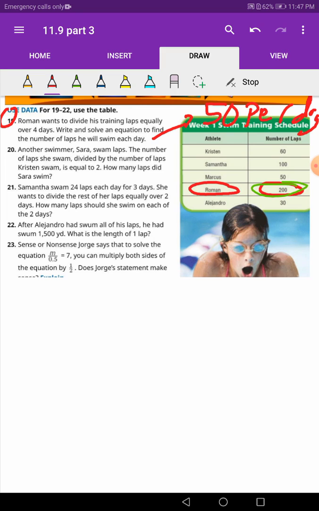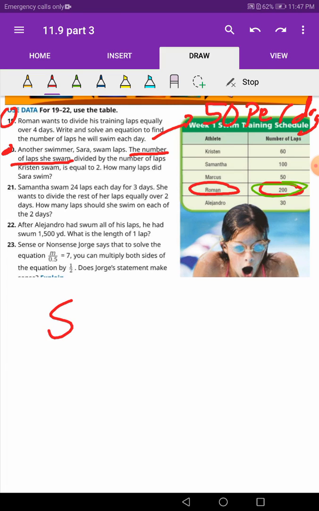Question number 20. Another swimmer, Sarah, swam laps. Take a look, we don't have Sarah's number over here. The number of laps she swam, do I know it? No, it's unknown. So let's write S. This is not 5, okay?